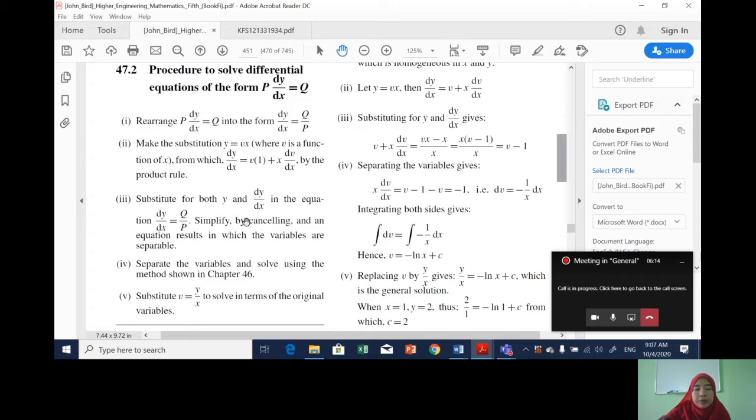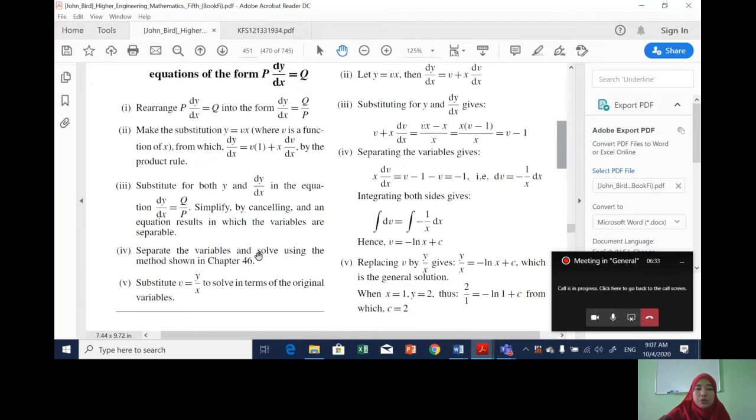Apply the separable method to integrate both sides, and find the answer for the integration. Remember that your answer after integration will be in terms of v and x variables, correct? The final step is to transform back v equal to y over x for your final answer.